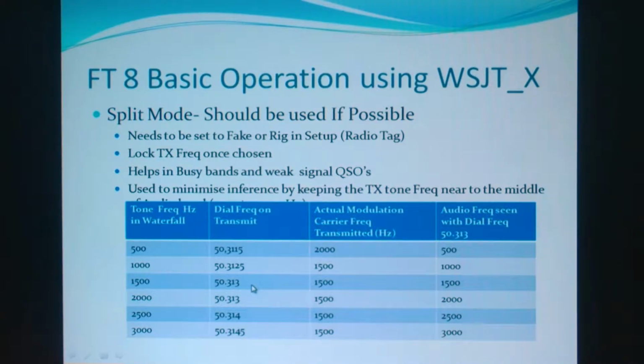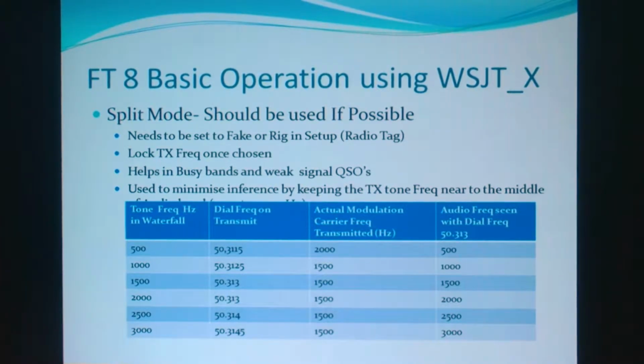The dial on the transmitter stays at 513. You're actually sending out a tone. If you set it at 50, what you will actually see is your transceiver drop down to a frequency of 50.3115, because it's keeping it in the 1.5 to 2K audio band.